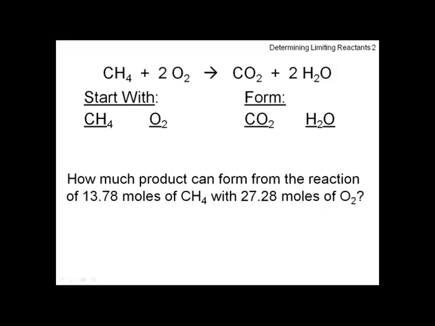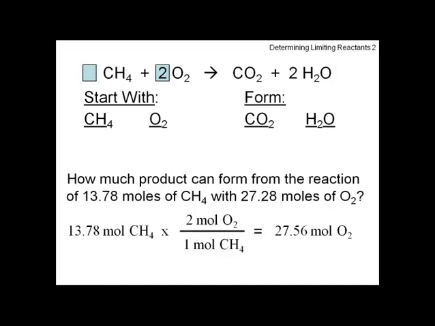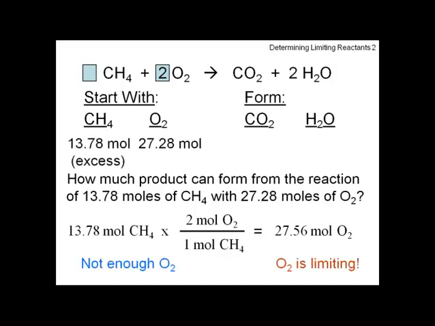To find out how much O2 is needed, we can construct a conversion factor from the 1:2 ratio in the balanced equation. Starting with the moles of CH4 and applying the conversion factor with moles of CH4 on the bottom, we find we need 27.56 moles of O2. Alas, there is not enough O2 present, so O2 is the limiting reactant.